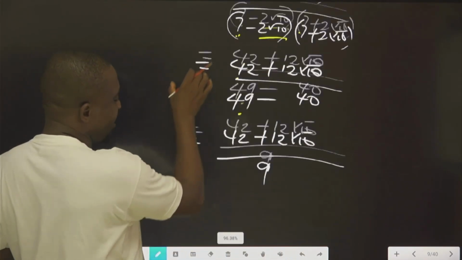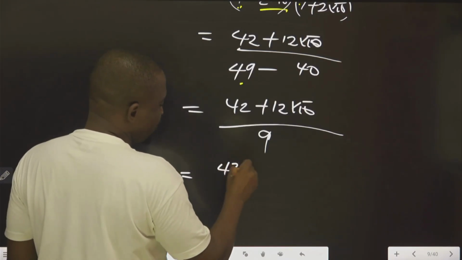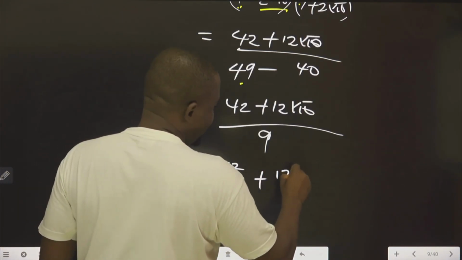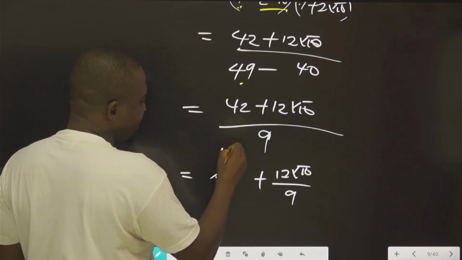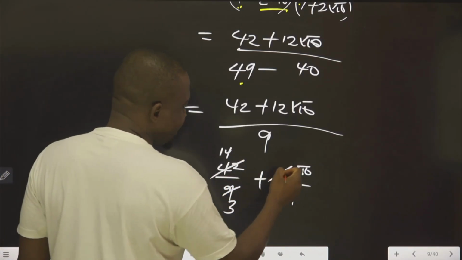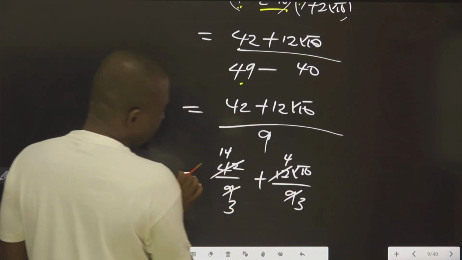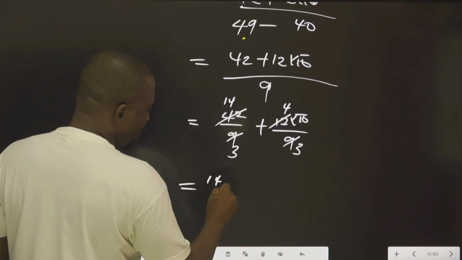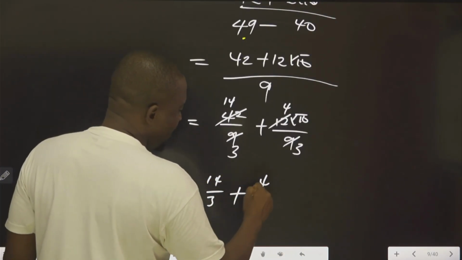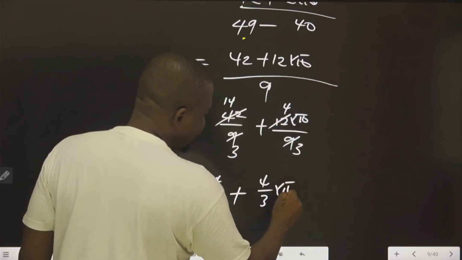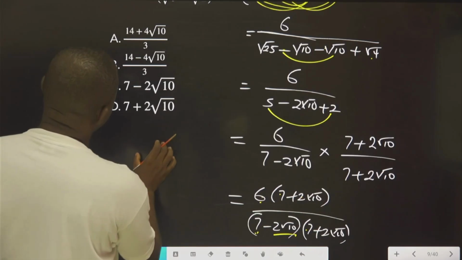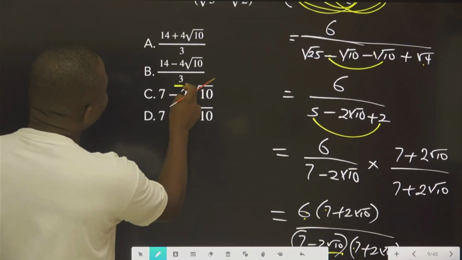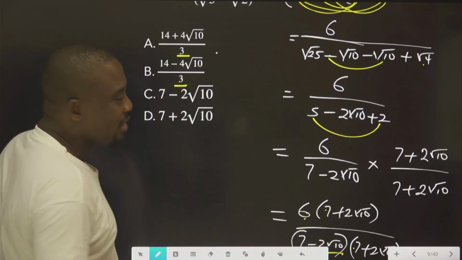And you agree with me? 42 over 9 plus 12 square root of 10 over 9. 3 here is 14, 3 here is 3. 3 here is 4, 3 here is 3. We can come here to say 14 over 3 plus 4 over 3 square root of 10. You can still take it back, because if you check the answers, the one with a denominator of 3 is just one 3.